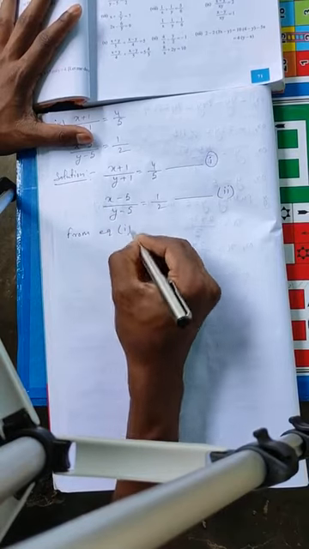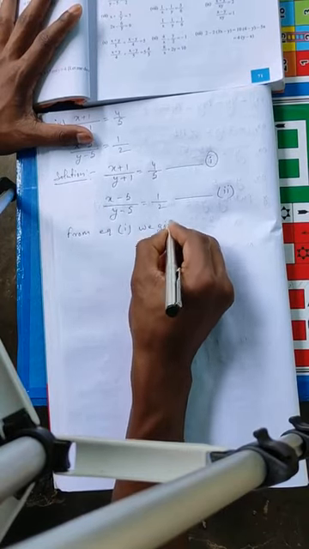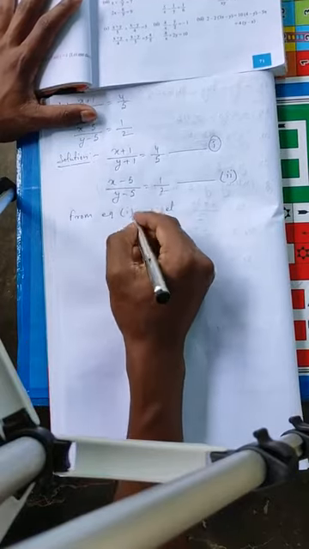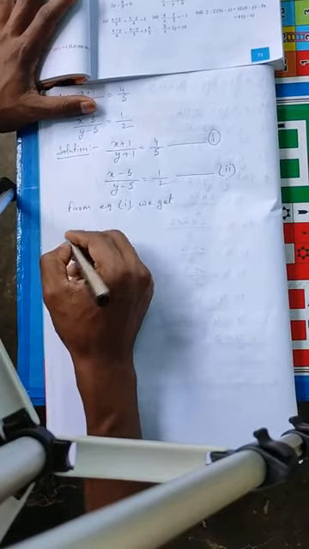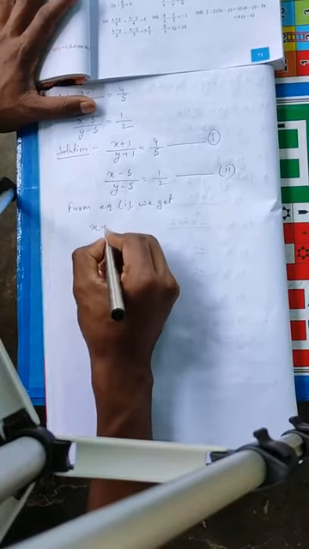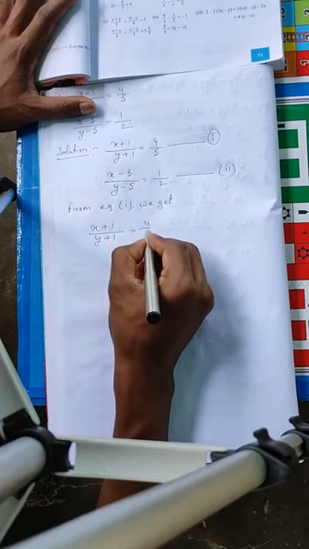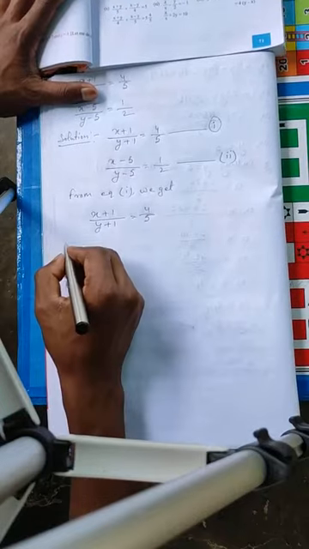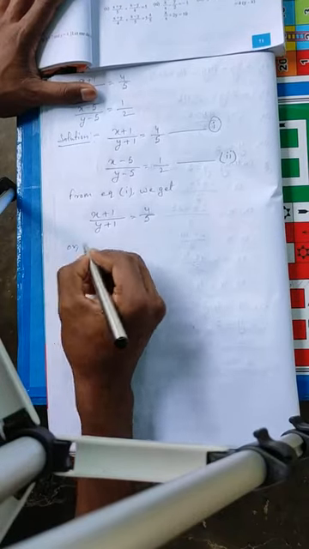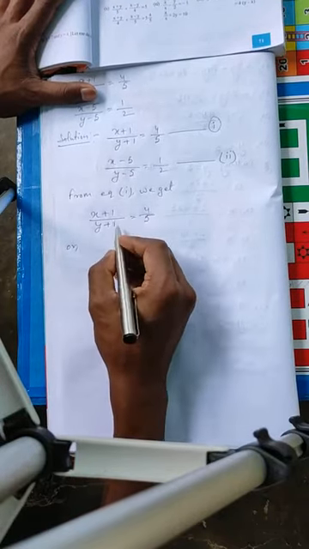From equation 1 we get (x + 1)/(y + 1) = 4/5. We have to cross multiply.